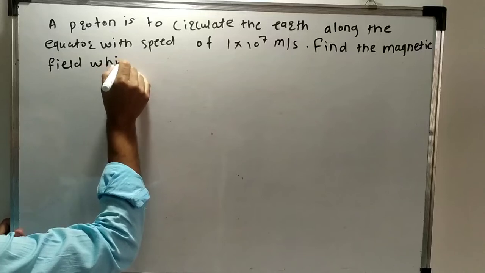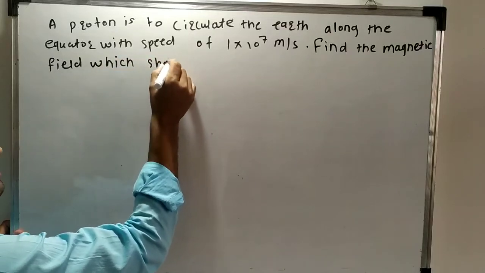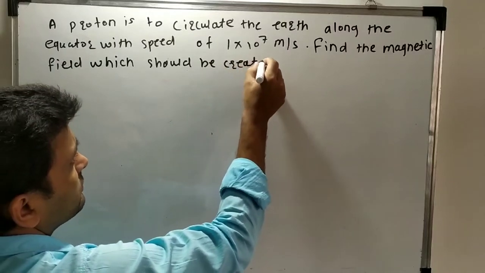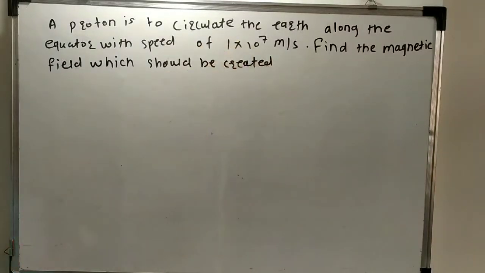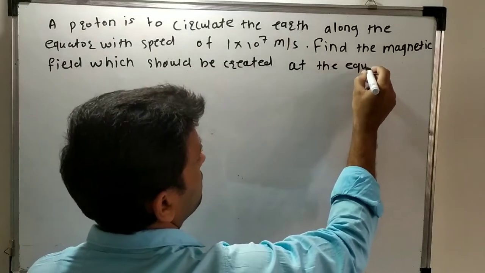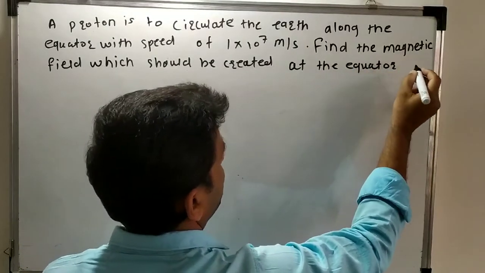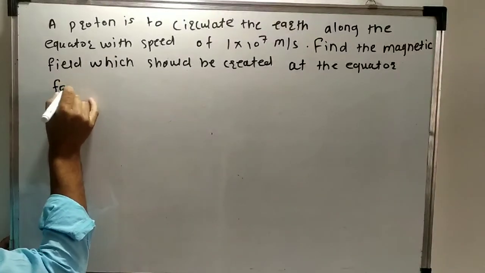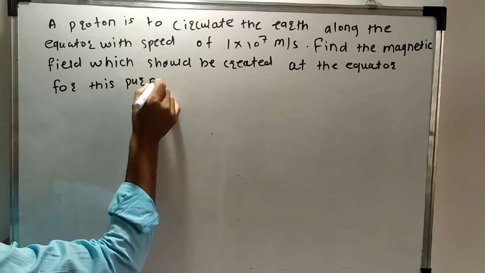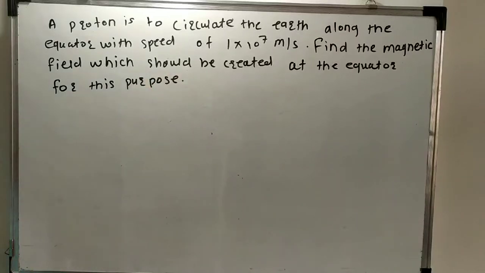Find the magnetic field which should be created at the equator for this purpose. Okay, what is the numerical and what are the given terms?